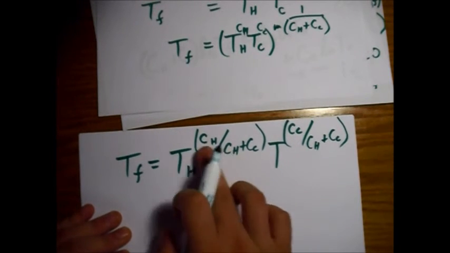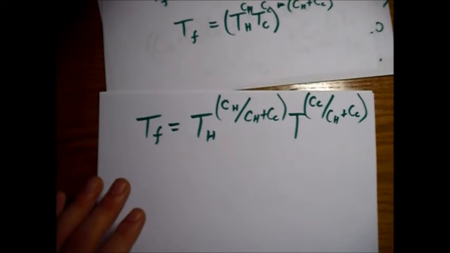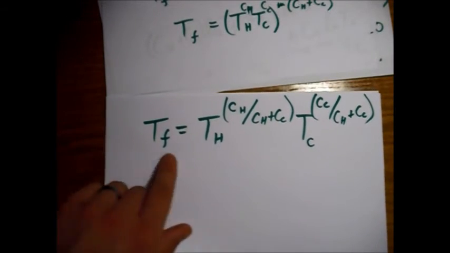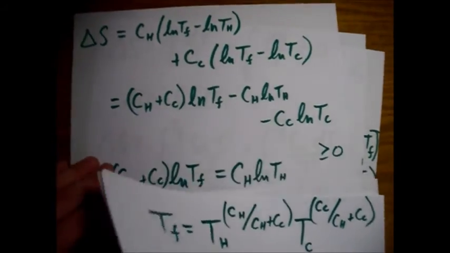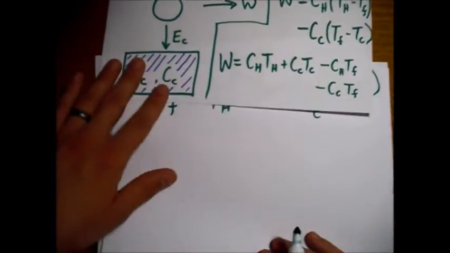All right, so these are dimensionless up here, so it does work out. Oh, this is a T_C. Okay. All right, so now all we have to do is take this T_f and plug it back into our original answer way up here.